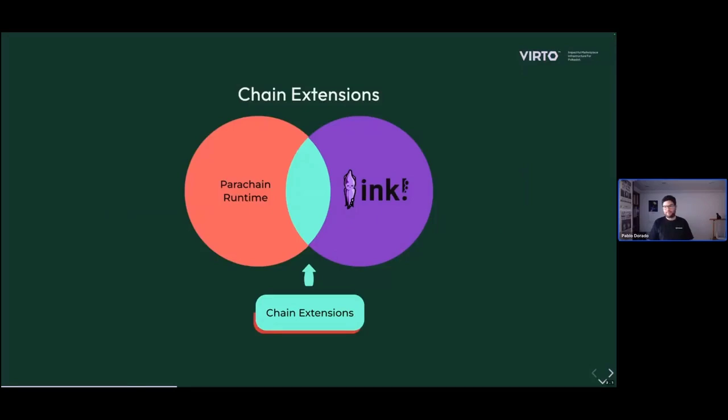Okay, let's get started. Chain extensions. Basically, what are chain extensions? Chain extensions are defined by Ink! themselves as a union between a smart contract and the parachain runtime, the parachain runtime being your parachain, your blockchain.